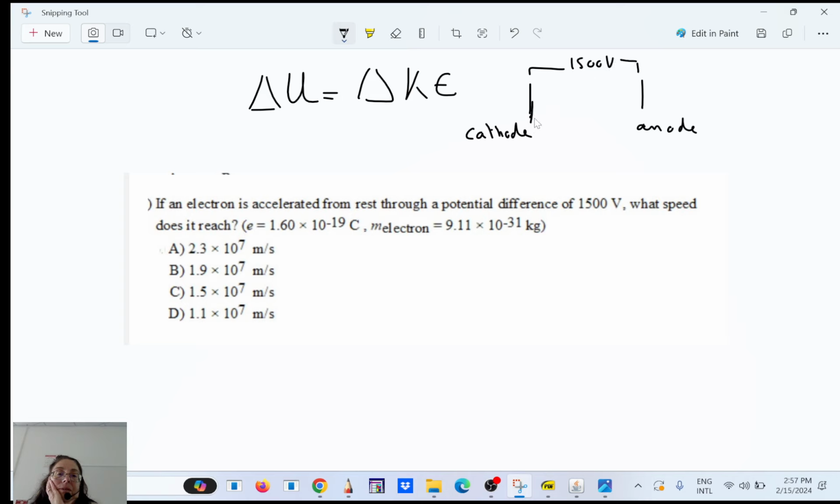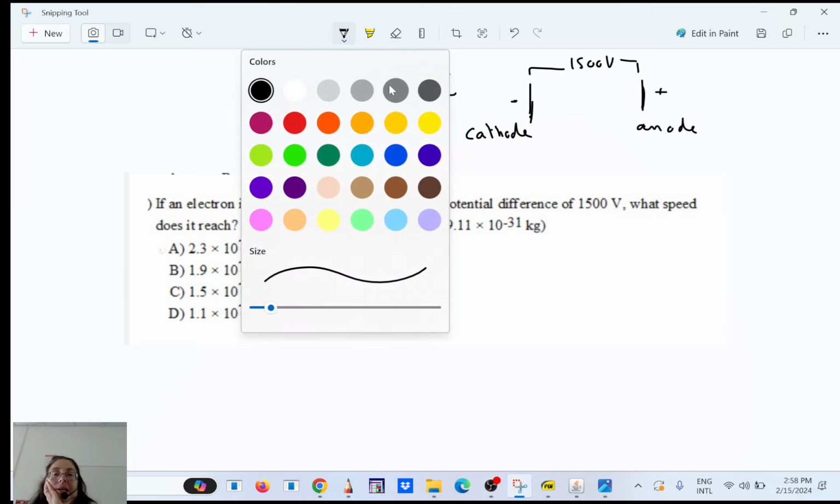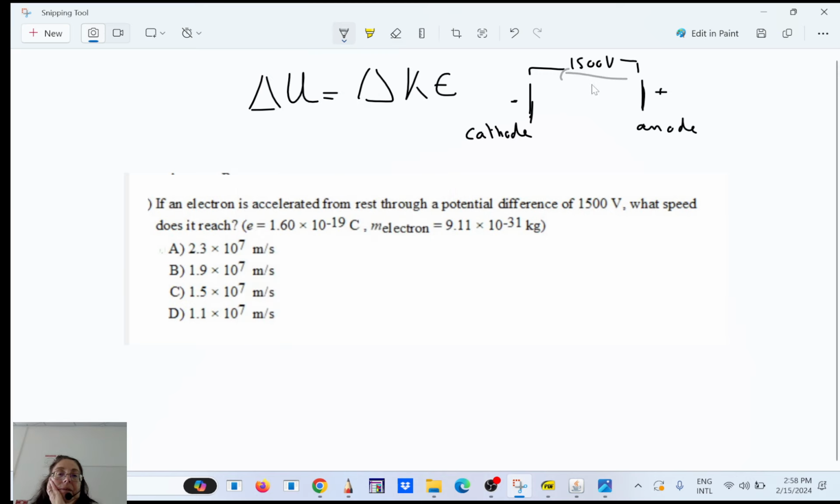So this is the cathode, this is the anode. So this is negative, this is plus. So the electric field goes in this direction. So the little electron here will want to go this way. It wants to go against the electric field. This is a little electron here.